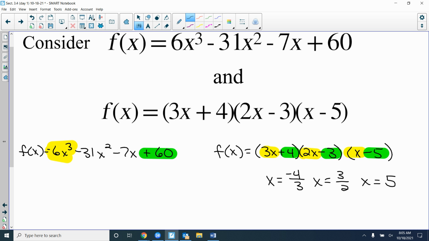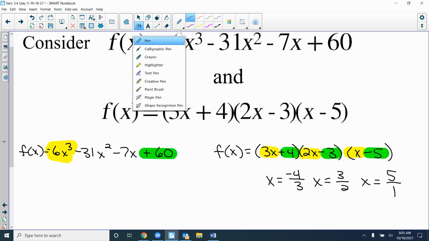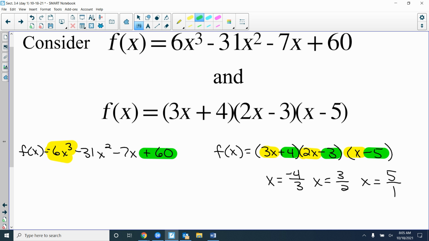And think of this 5 as 5 over 1. Well, those numbers on top, the green ones, are all multiples of which number over there on the left? Not multiples, they're factors of 60.